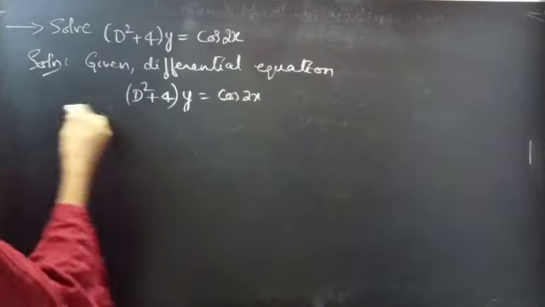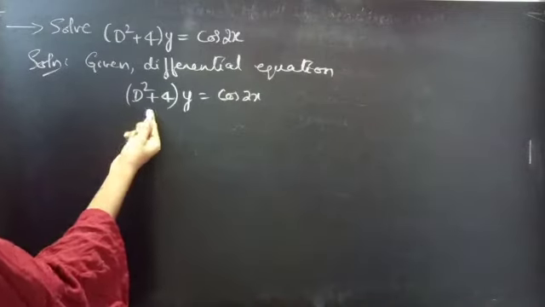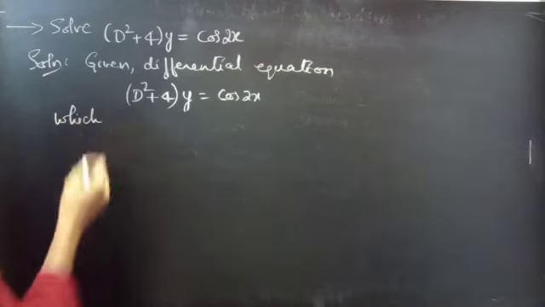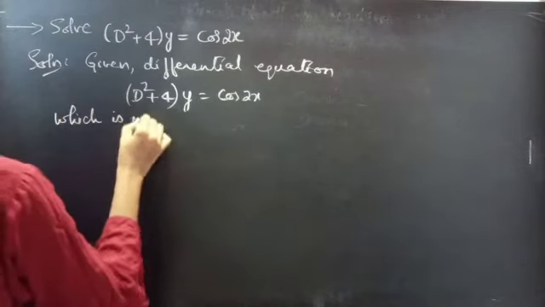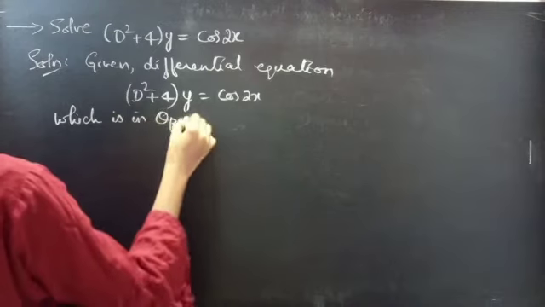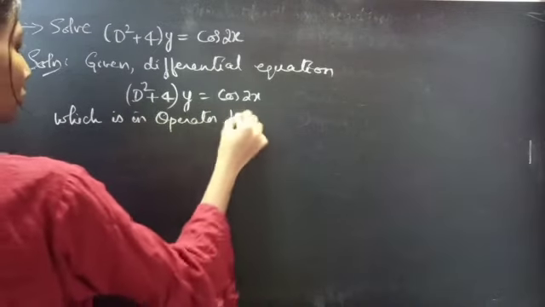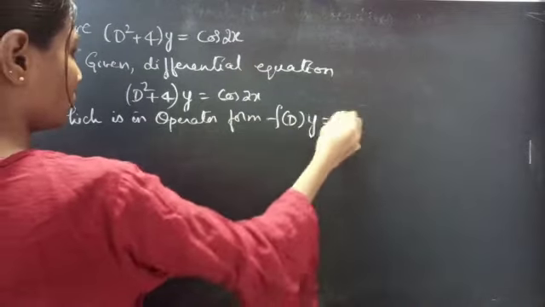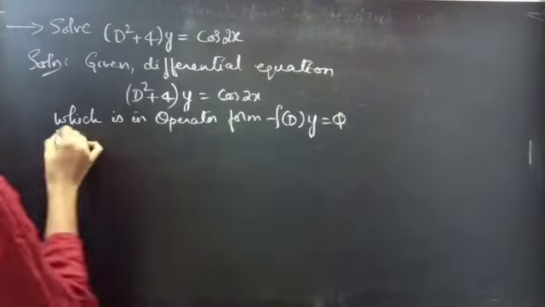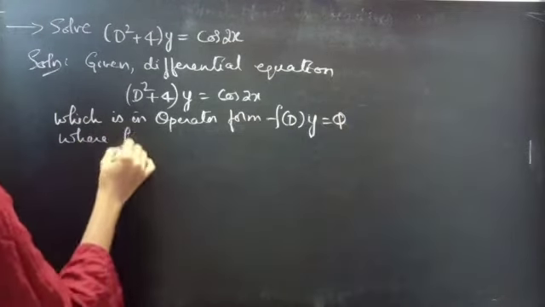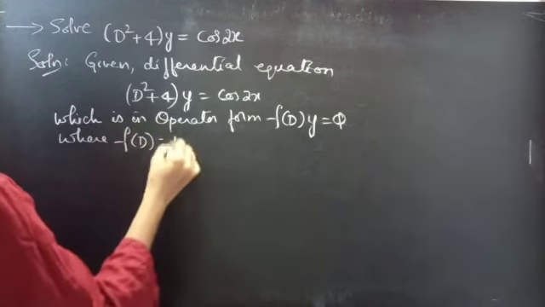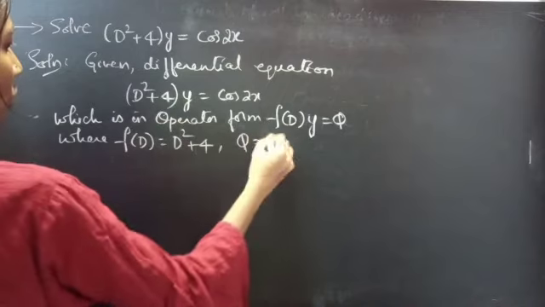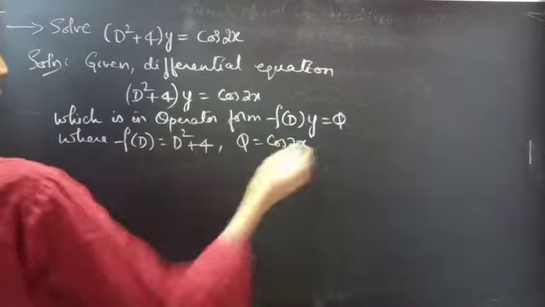So we are given a differential equation which is in operator form, f(D) y equals Q, right? By comparing these two, we'll get f(D) equals D square plus 4 and Q equals cos 2x, right?